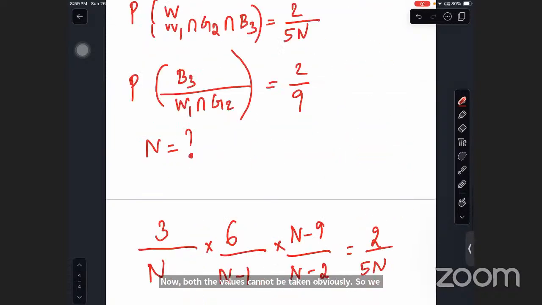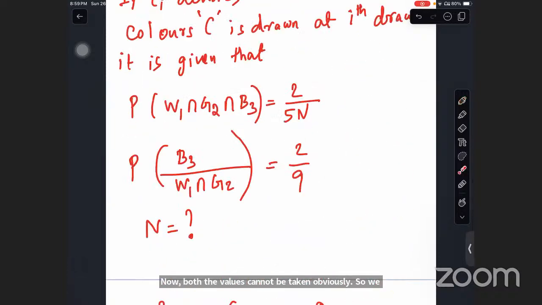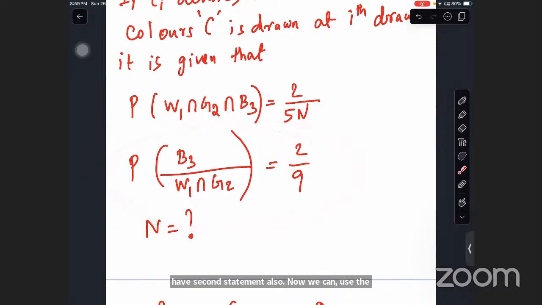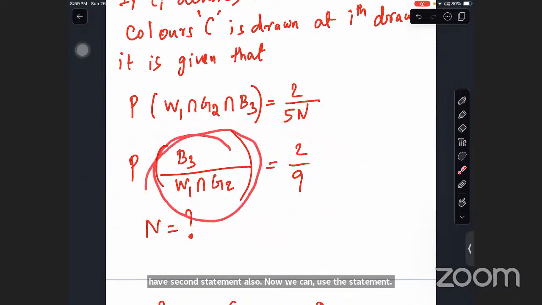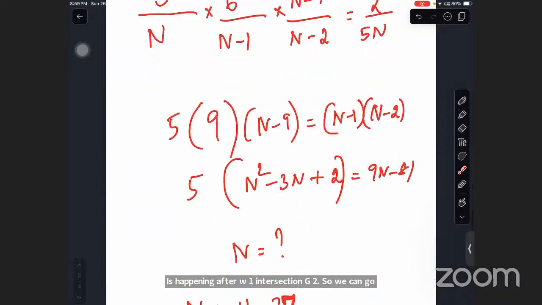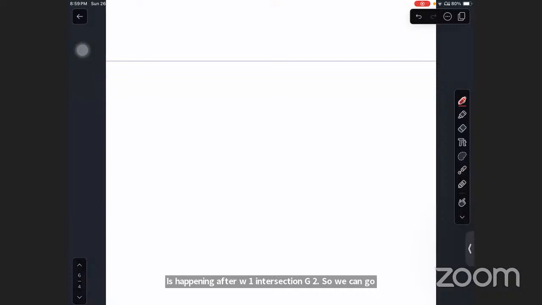So we have the second statement also, statement number 2. Now we can use this statement. Here we can use conditional probability. You can see B3 is happening after W1 intersection G2. So we can go for conditional probability.